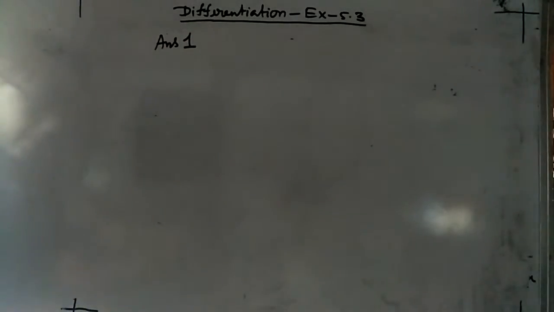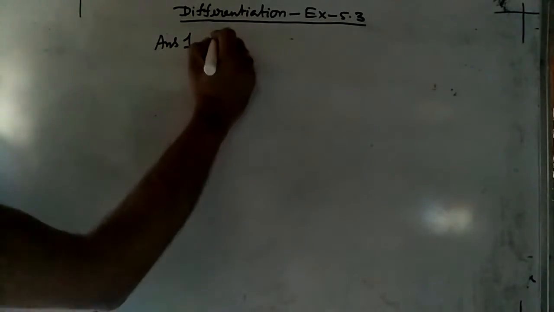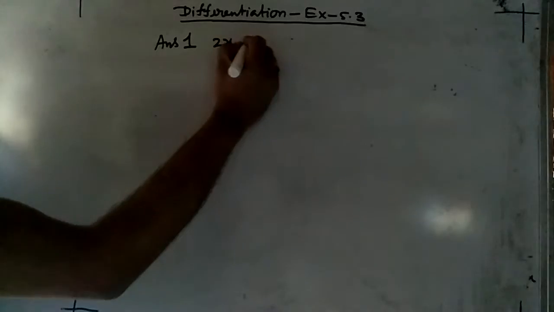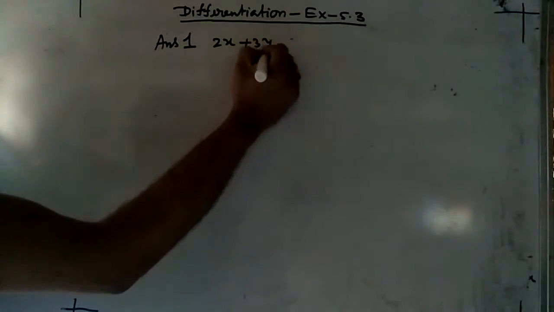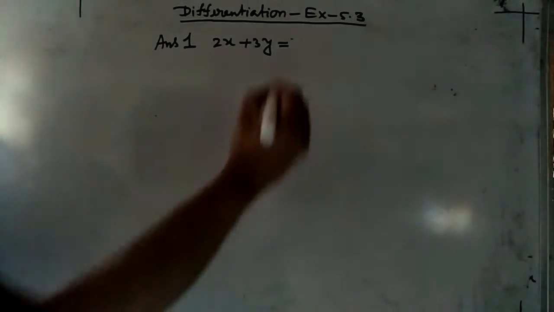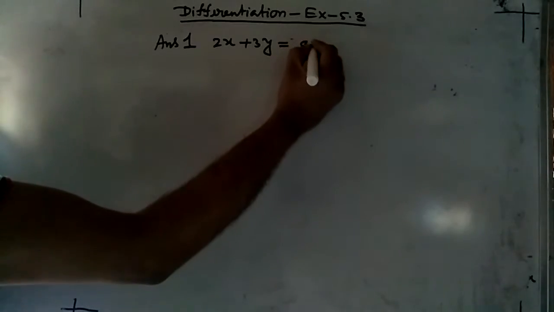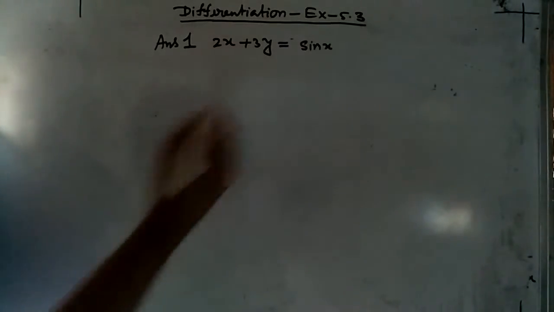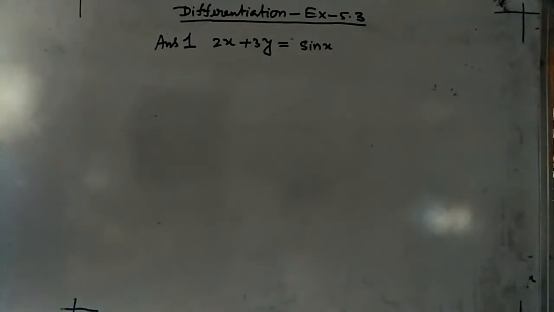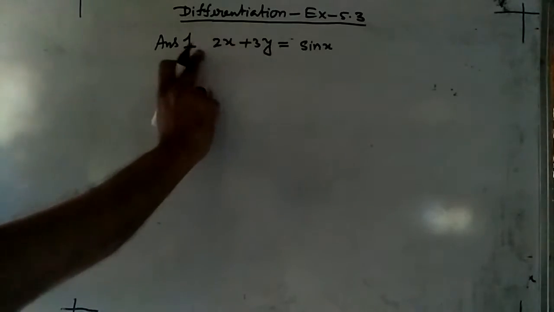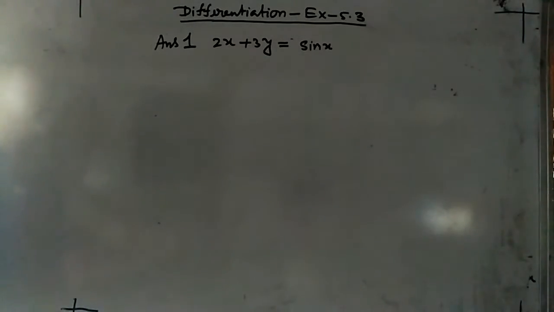Answer 1. 2x plus 3y equals sin x, right? Can you say it is an explicit function or an implicit function? y can easily be expressed as a function of x, so it is an explicit function.